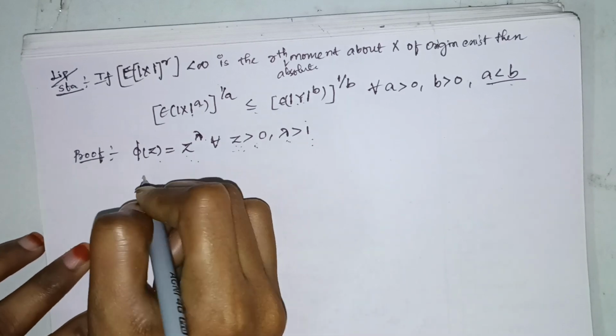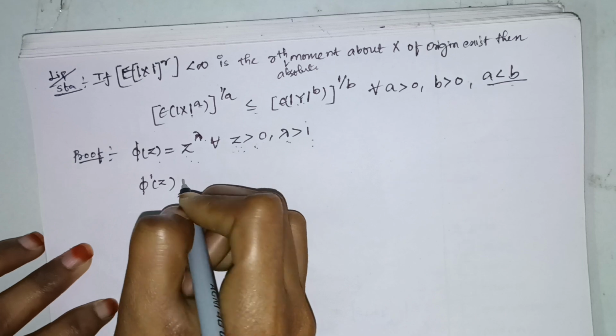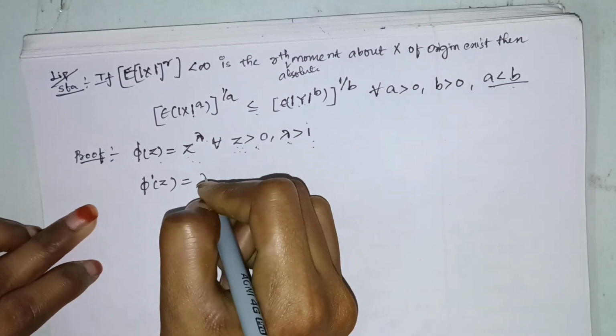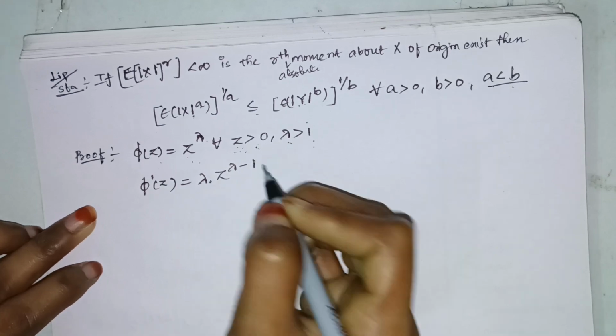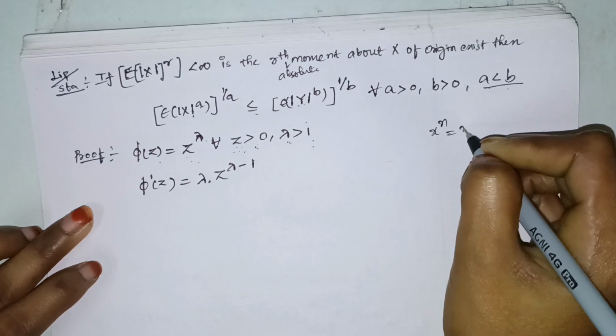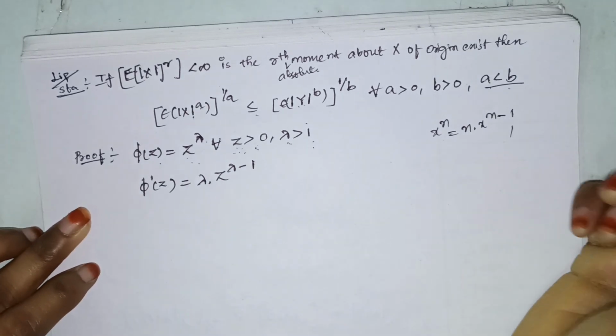Now the derivative phi dash of z, you get lambda into z to the power of lambda minus 1, which is nothing but the derivative of x to the power of n is equals to n into x to the power of n minus 1. Right?